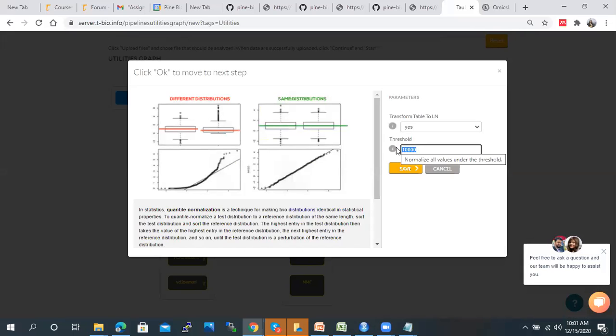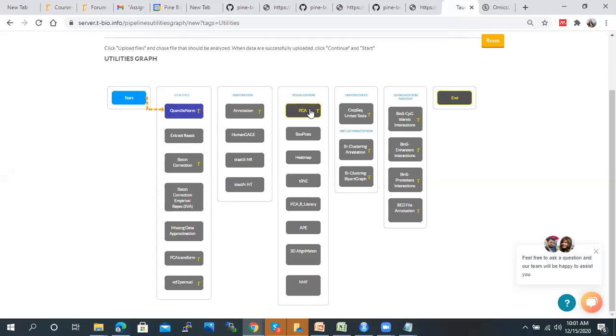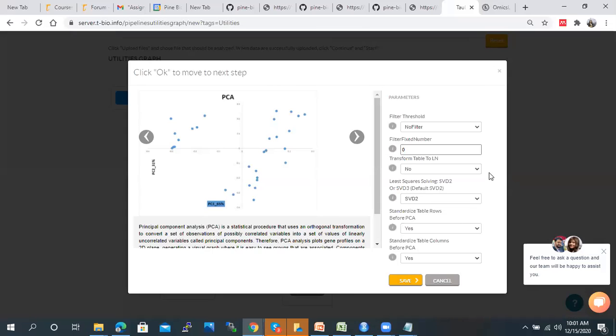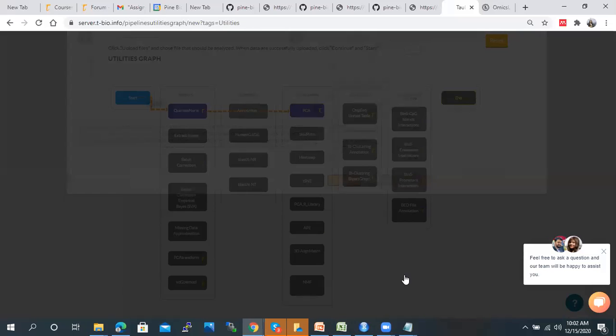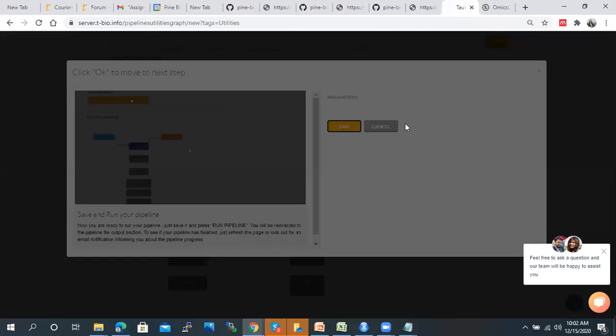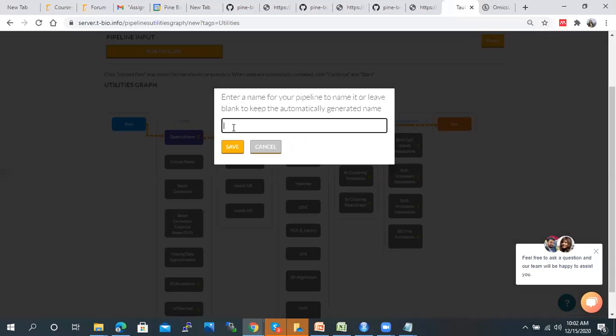Then we select a threshold of 5. Once we are able to perform quantile normalization, next is PCA. Here in the PCA I'm taking all the default options, I'm not changing them, but you can play with that later. Then we need to save that and then end pipeline. I'm not running this pipeline as I have already run it, so I can skip that.